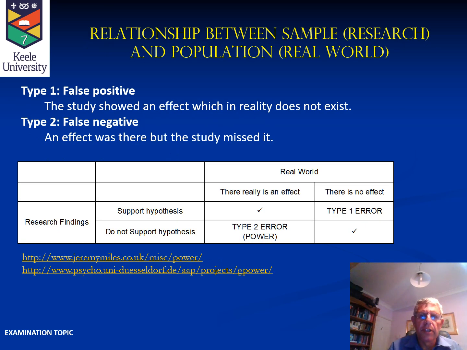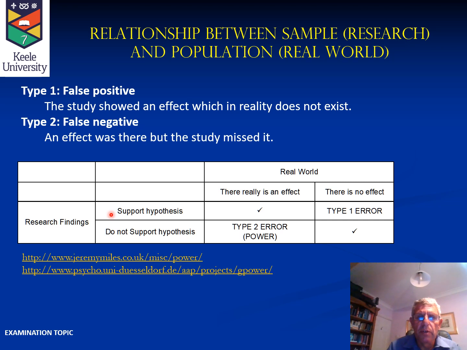Let's just look at the relationship between research findings and the real world again. So over here we have our research findings drawn from a particular sample, and up here we have the real world. So we've done our study, and our study, for example, supports the hypothesis that a drug is effective.